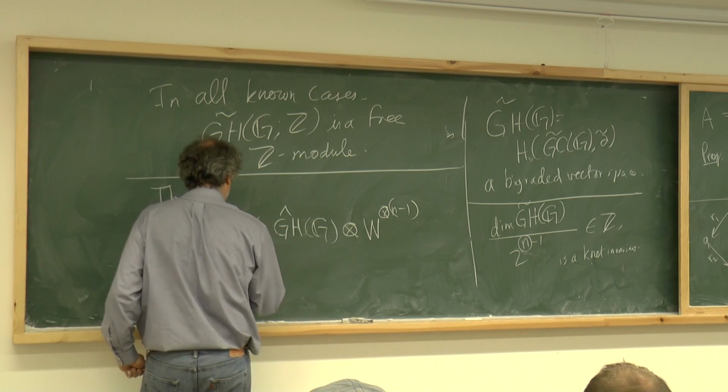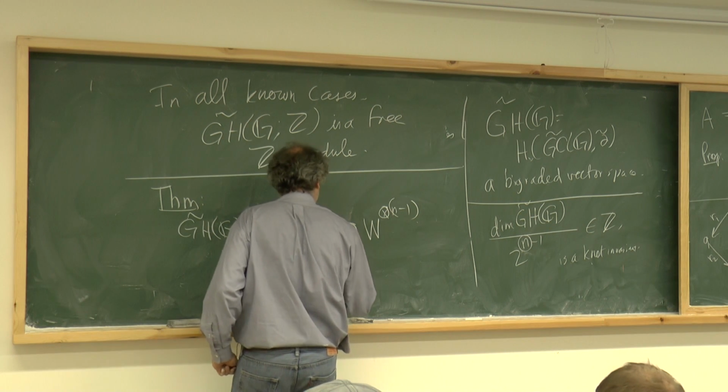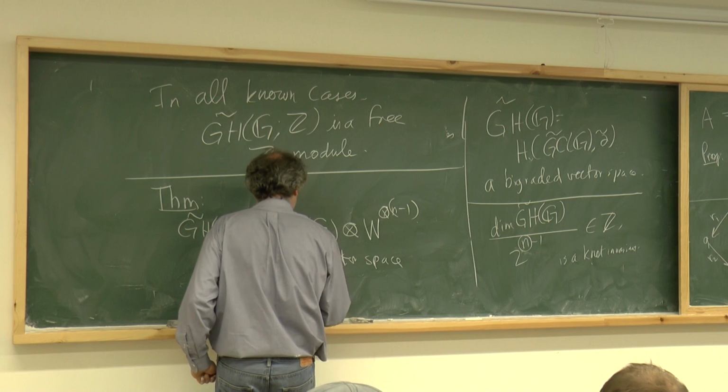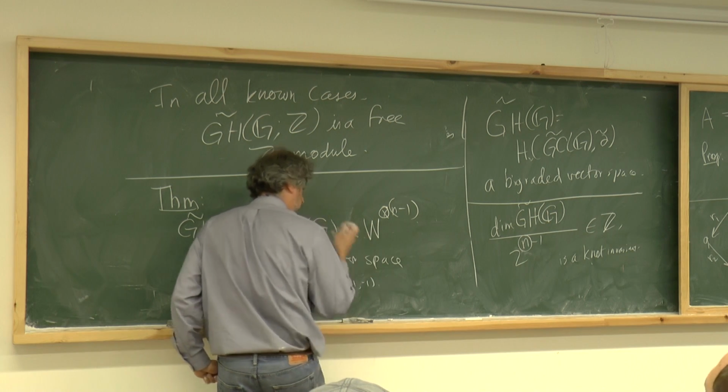And here W is a two-dimensional vector space with one generator in bigrading (0,0), and another generator in bigrading (-1,-1).